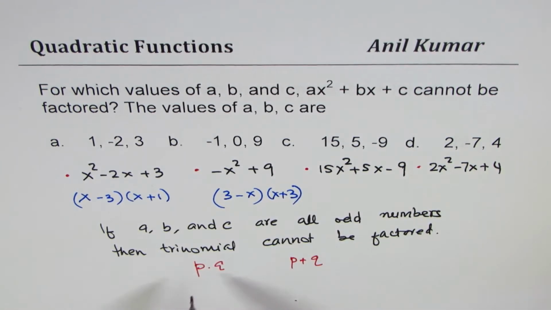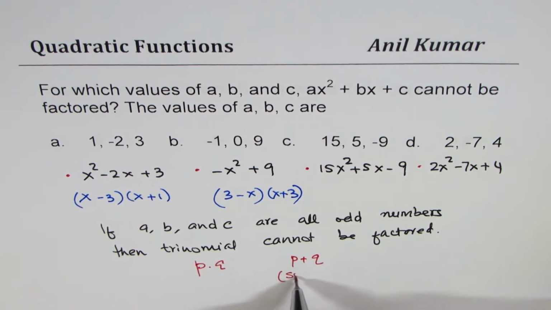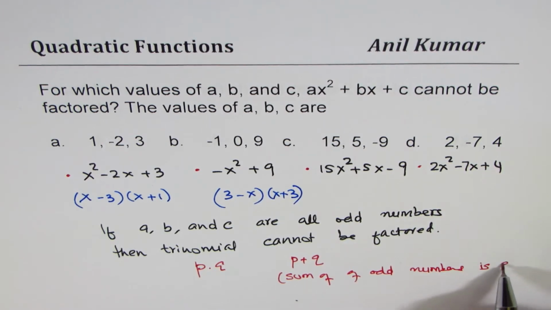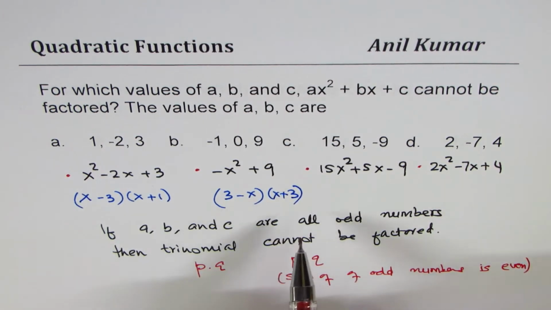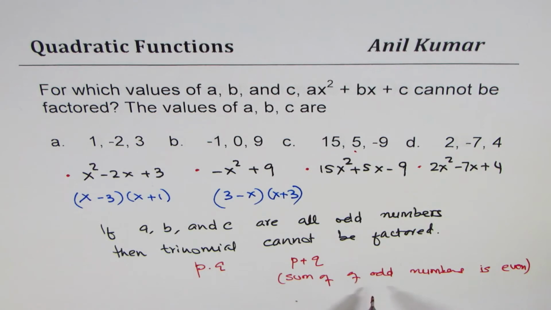Do you see that? If I have odd numbers and if I add them, then what happens? The sum of odd numbers is even, right? So we are looking for the center term to be even in that case, correct? If all three are odd, we cannot do it.